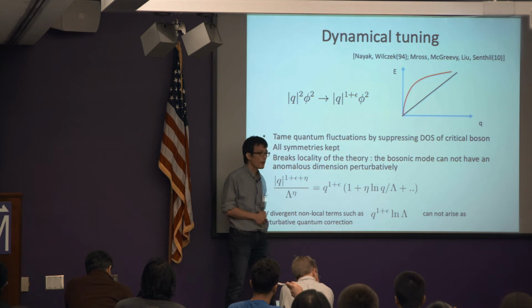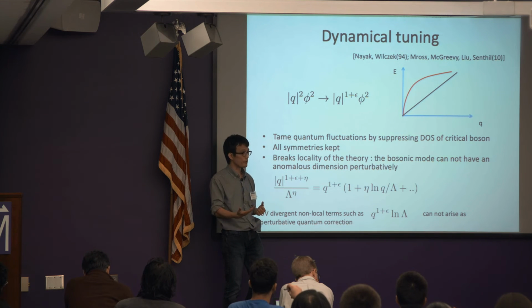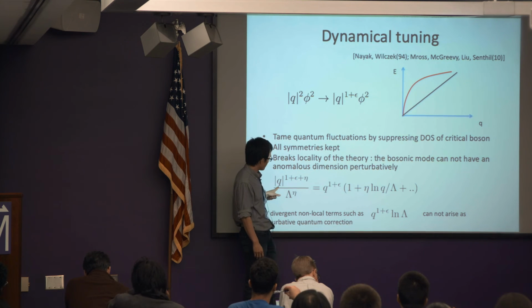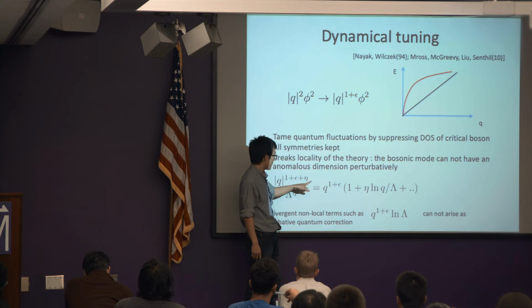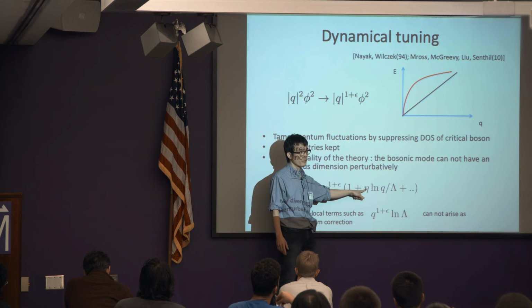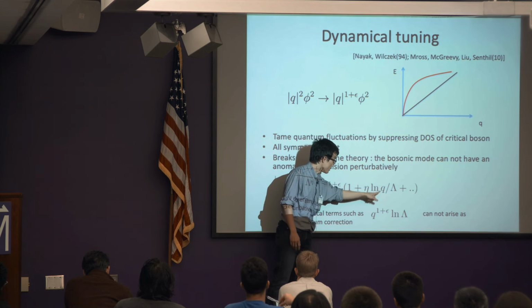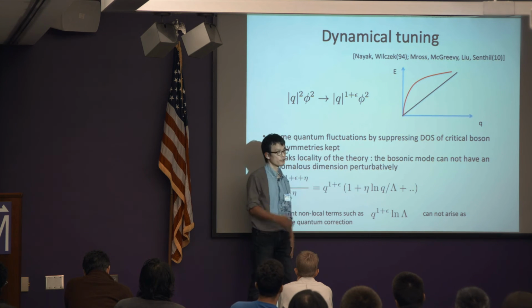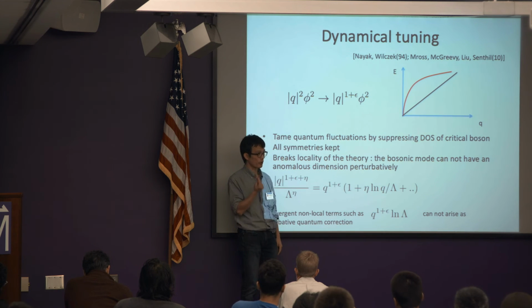to this, okay? And then we usually want to compute this perturbatively in epsilon. But then this anomalous dimension in the perturbative scheme usually arises as a logarithmic correction, but the log correction diverges both in IR and UV, right? So lambda is some UV cutoff and Q is some small momentum IR cutoff.